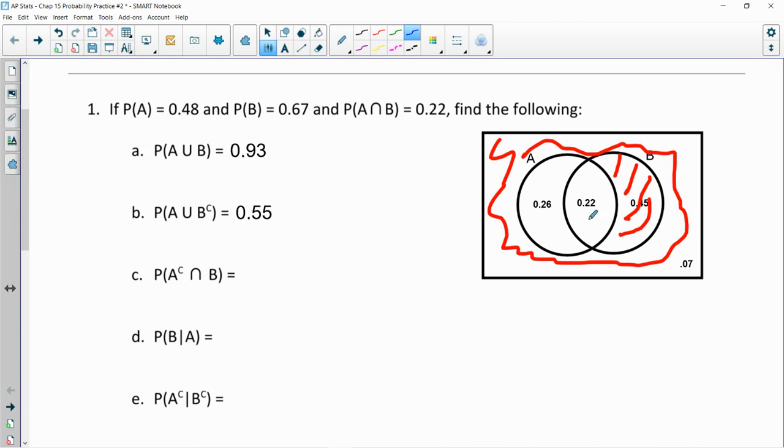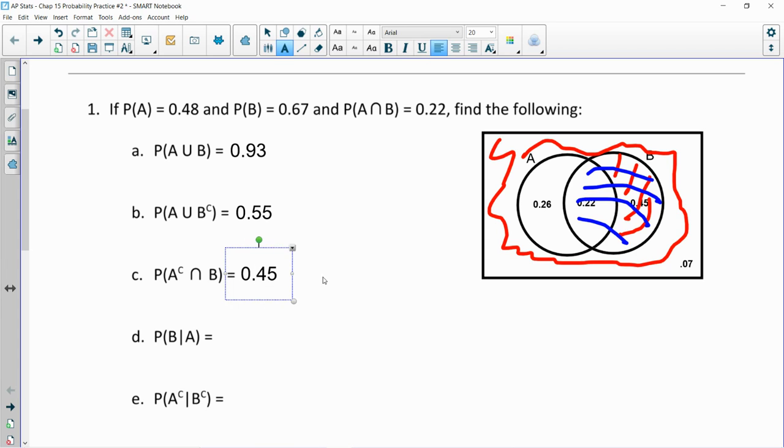And then now, where's B? Well, B is everything inside of this circle here. So now we've got an overlap. And that's what we look for in an intersection. Where do we have an overlap? What's in common? And that's just this crescent shape here. So we find that our probability is 0.45.